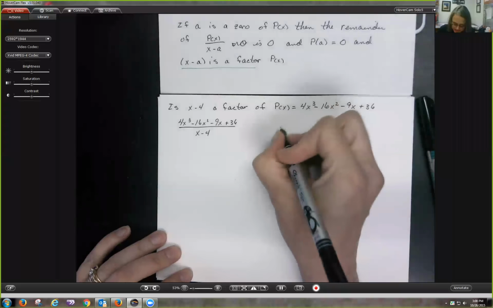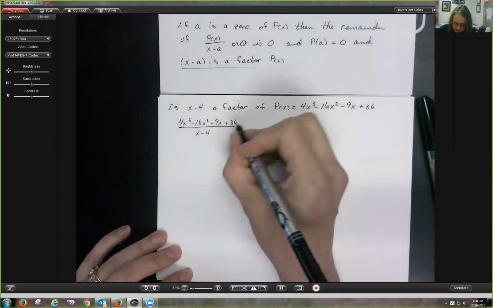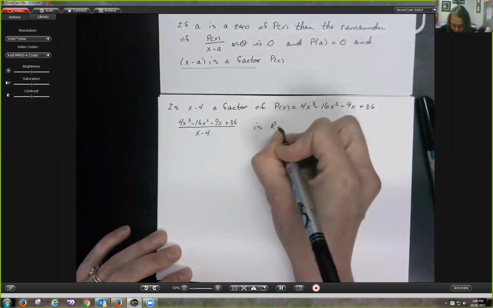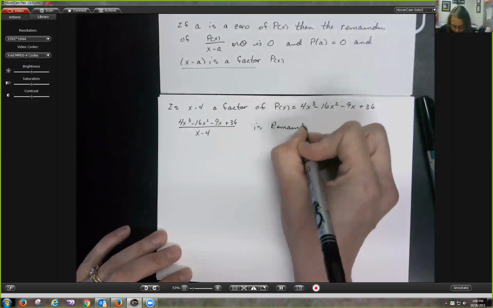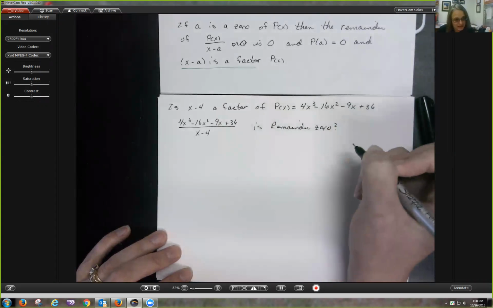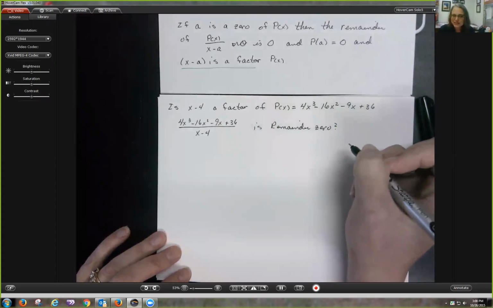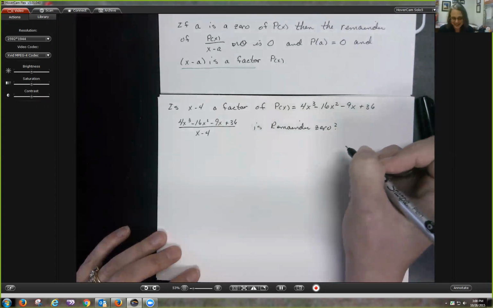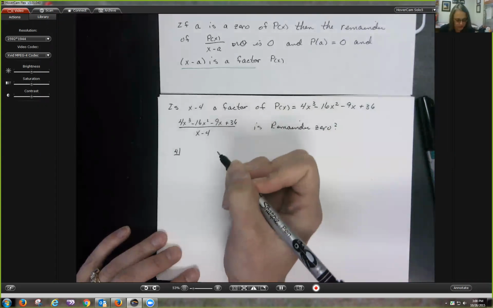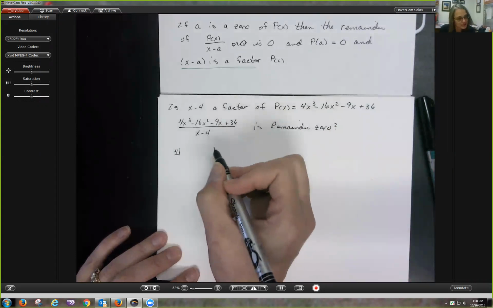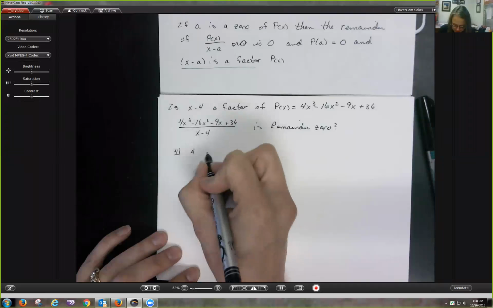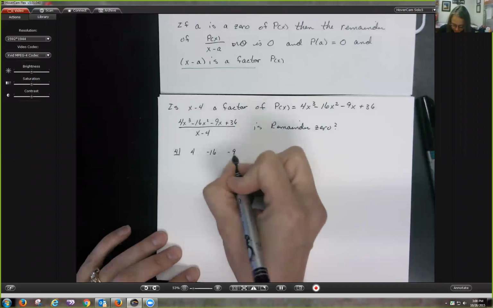So what we're checking to see is, if I do this division, is the remainder 0? Well, let's check. You can use long division, but I'm going to use synthetic division. So I'm going to do synthetic division with the number that is subtracted from x, which in this case is 4. And then I put my coefficients alongside my box.